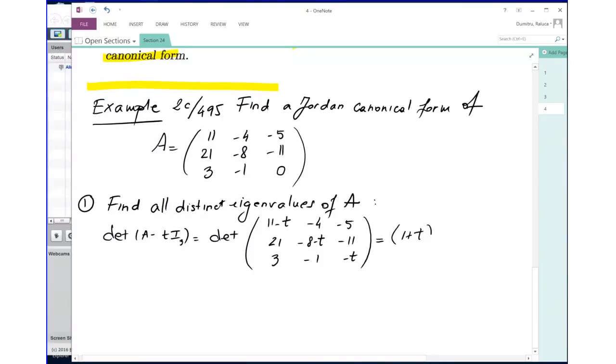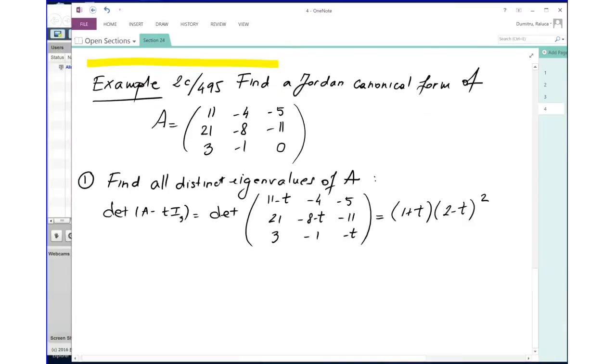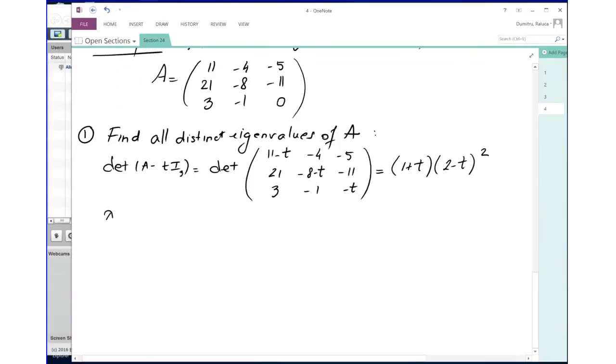I can save some time by just stating that (1 plus t) times (2 minus t), everything squared, is the characteristic polynomial of this matrix. So that creates two distinct eigenvalues. Lambda 1 equals negative 1 of multiplicity 1, and lambda 2 equals 2 of multiplicity 2.